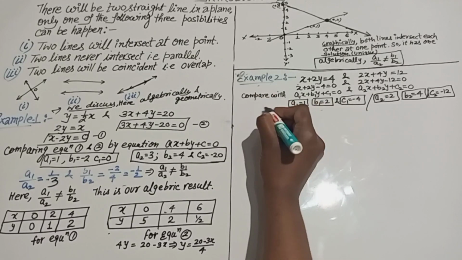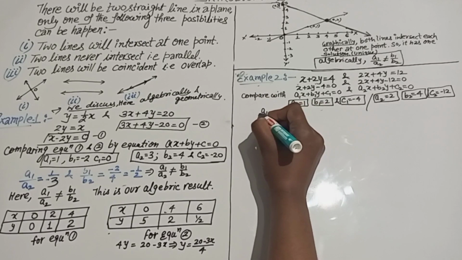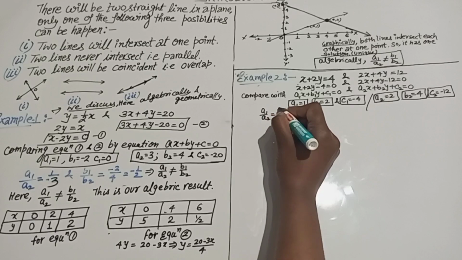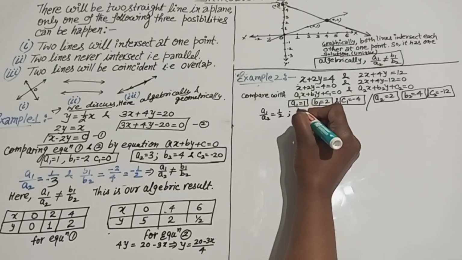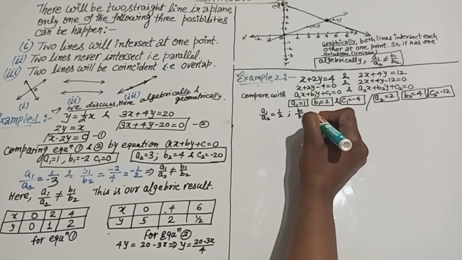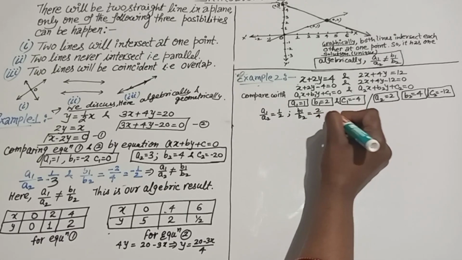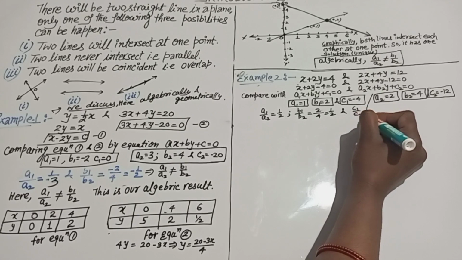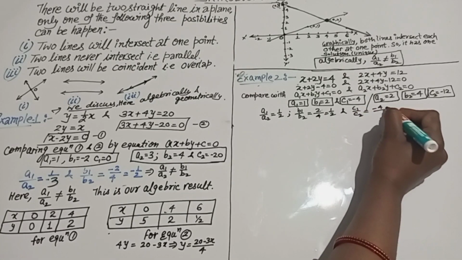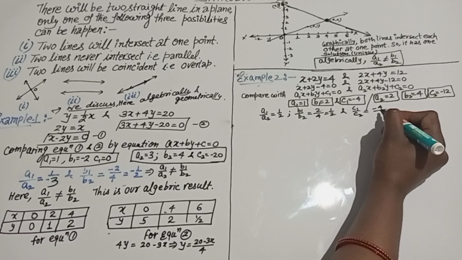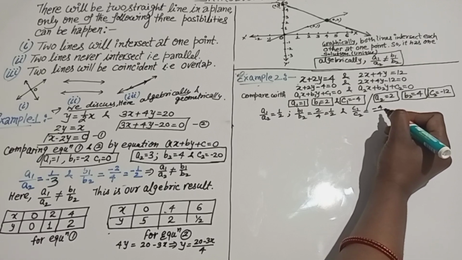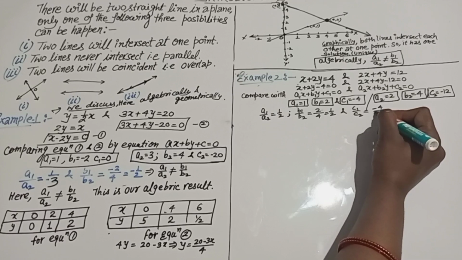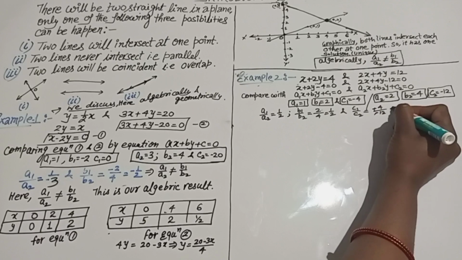So now taking the ratio, a1 upon a2 is equal to 1 by 2, b1 upon b2 is equal to 2 by 4, it means 1 by 2, and c1 upon c2 is equal to minus 4 upon minus 12, it means 1 by 3.